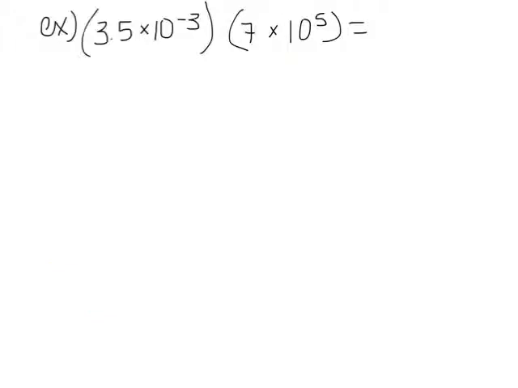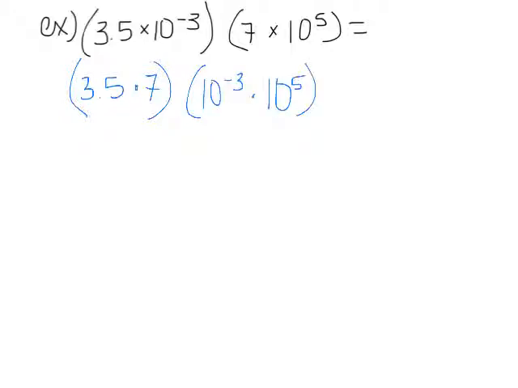When multiplying with exponents, I can just follow the rules I learned in the last 2 sections about exponents. Because I have 3.5 times 10 to the negative 3rd times 7.7 times 10 to the 5th, I'm going to rewrite this to say 3.5 times 7, because I'm going to multiply my coefficients, times 10 to the negative 3rd times 10 to the 5th.